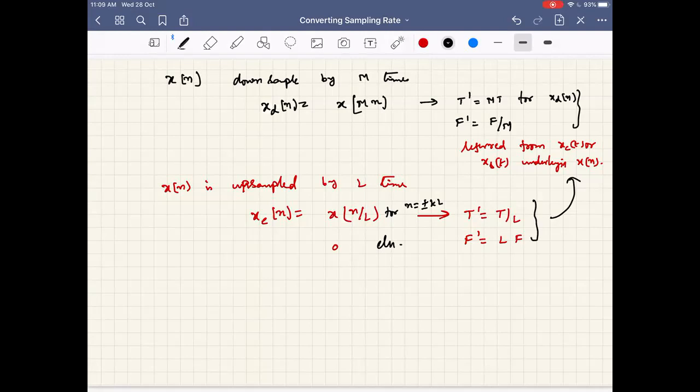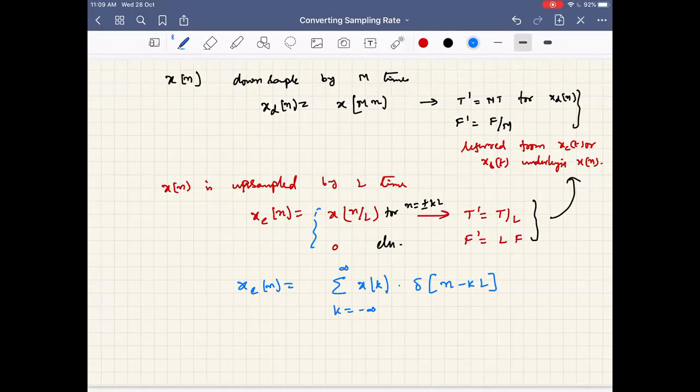Since this expression is a little tedious, let us write the expansion in a simpler way: summation over k from minus infinity to infinity of x of k times delta of n minus k times L. We are putting the samples of x of n at intervals of capital L, and the remaining samples are filled with zeros.